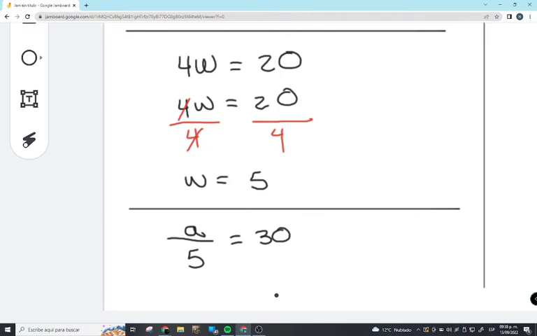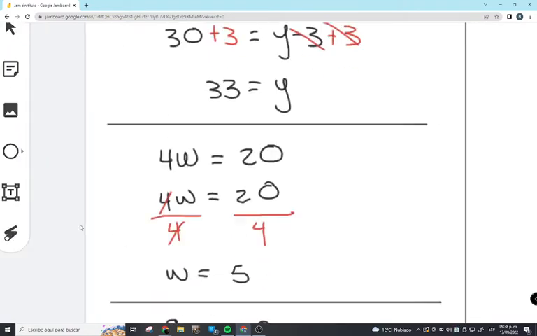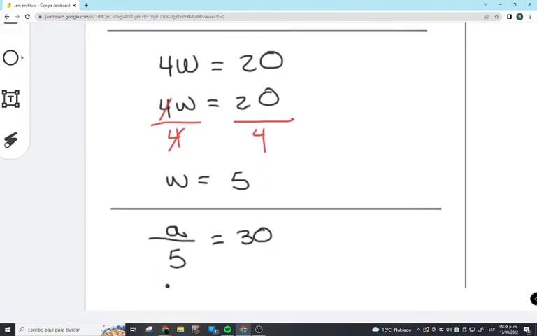Well, we have to get rid of this 5, because we need to leave the variable alone. And the way that we can get rid of a division by 5 is doing the opposite, which is multiplying by 5.